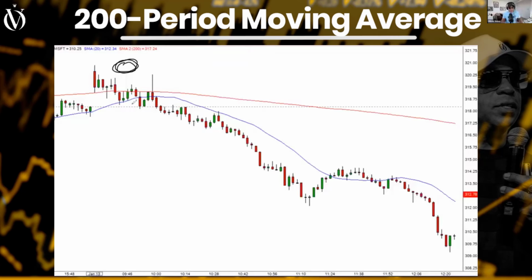All right. When your stock is below the two moving averages, we're considered to be in minus territory, okay, or negative territory.